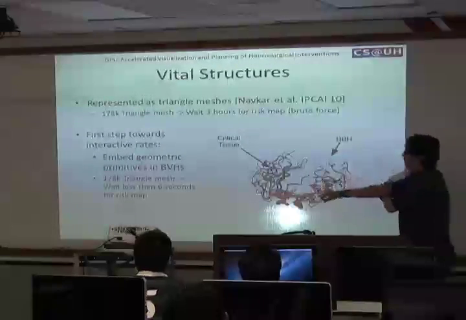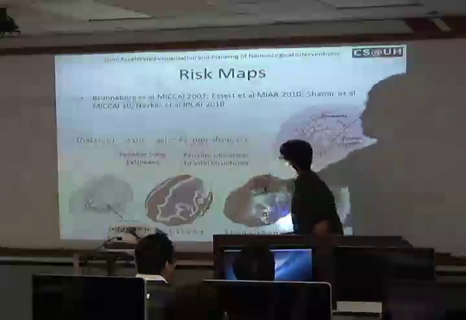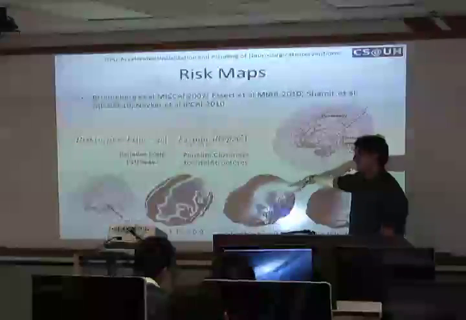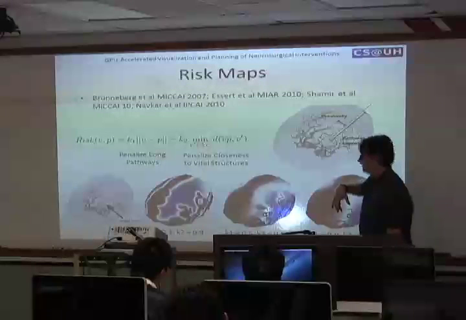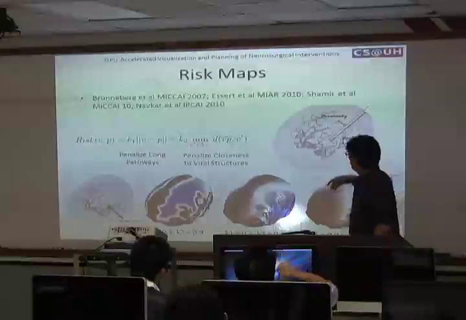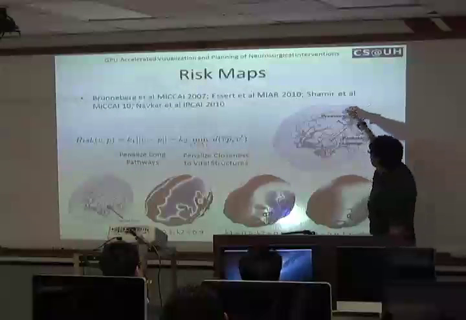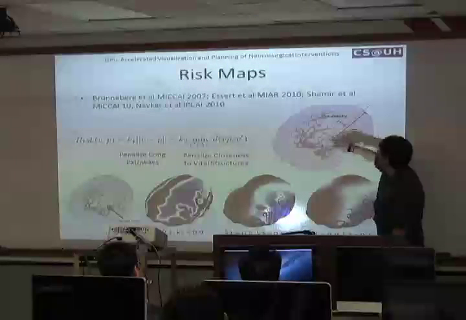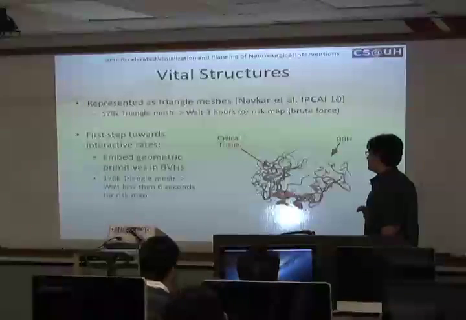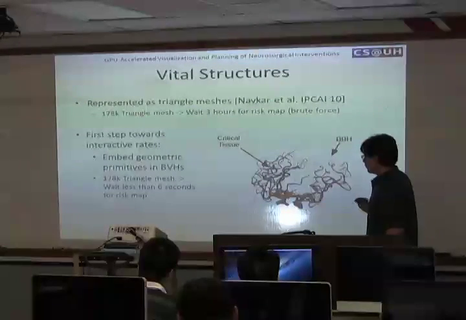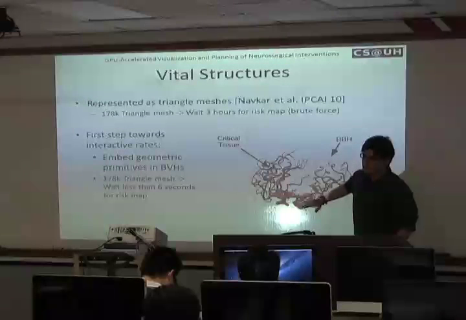For computing this region right here, we need to see if the needle intersects the vital structure. For computing the proximity, we need to find the closest point of any point in this mesh to this line right here. So we avoid brute force computation by using a BVH. This is an algorithmic improvement.